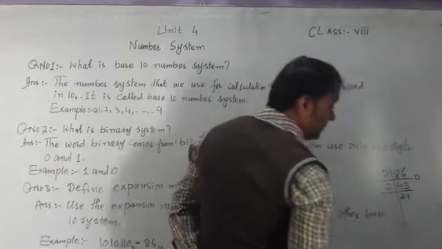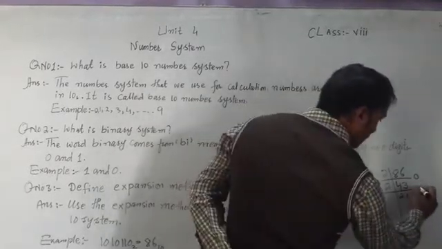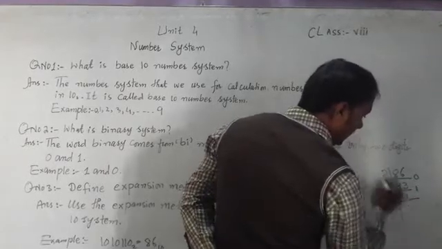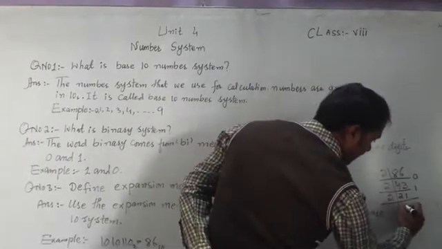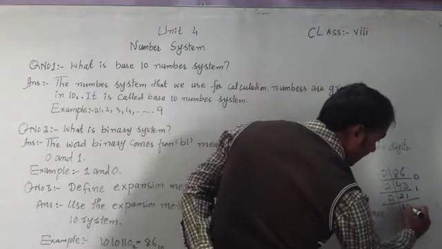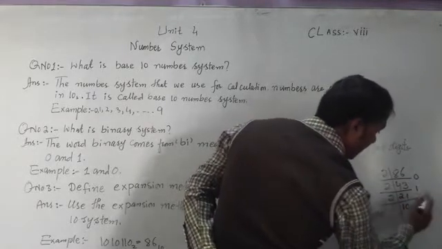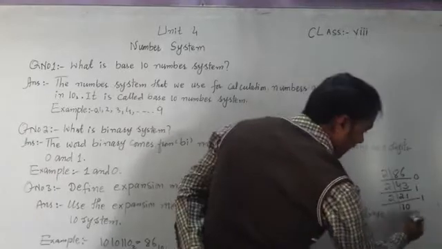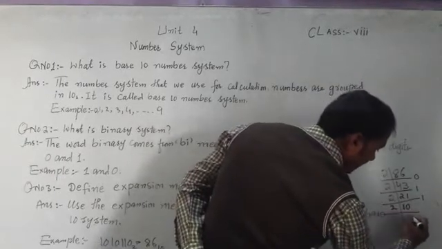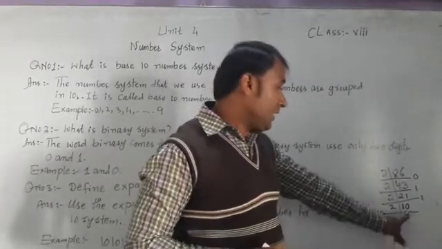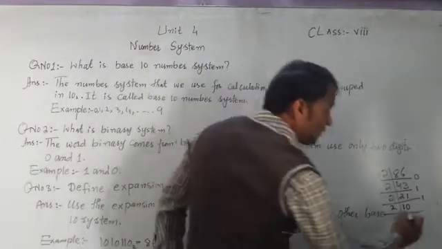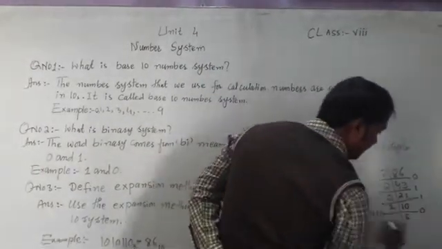From 3 subtract 2, 1 is remaining, so write 1 here. Again, table of 2 on 21, 10 times. On 1 it is not going, so give 0 here and write 1 because 1 is remaining. So again table of 2 on 10, 5 times, it goes completely, 0 is the remainder, so we write remainder 0 here.